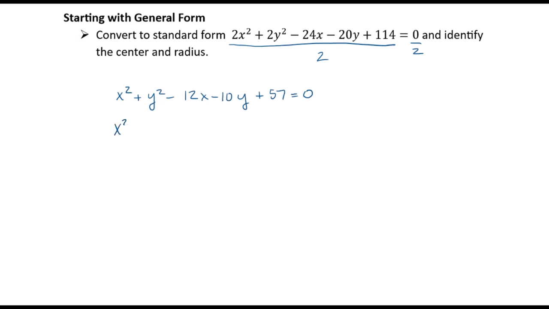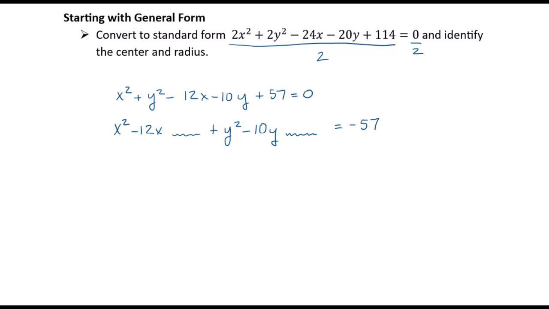And beginning to get this into my binomial squared form, I want to group my x's together. I'm going to leave a space here so that I can complete the square on x. Then I'm going to put my y's near each other and leave a space to be able to complete the square. Then I'll subtract 57 from both sides.